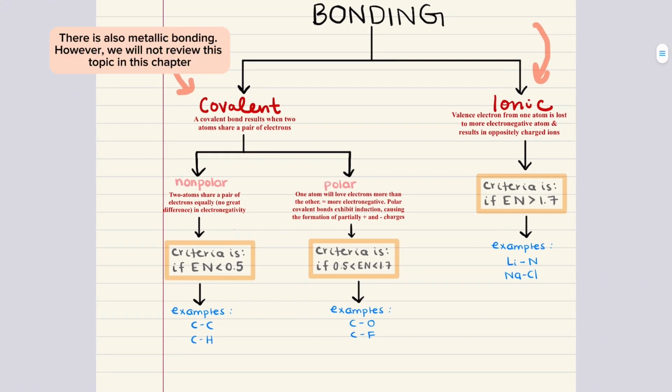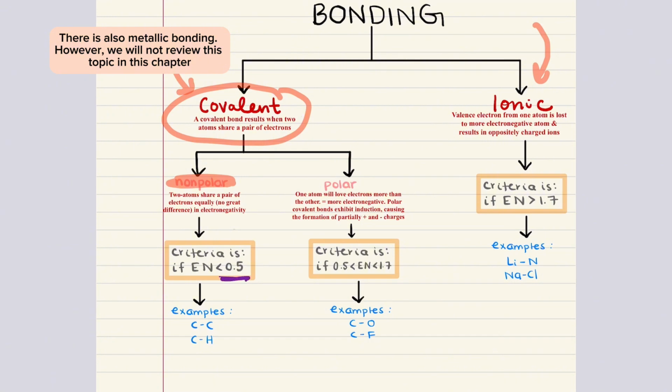We have 2 categories for bonding, covalent and ionic. Let's start with covalent. A covalent bond results when 2 atoms share a pair of electrons. Now, if the electron pair is shared equally, the covalent bond is nonpolar. The criteria for nonpolar covalent bonds is any difference in electronegativity below 0.5.